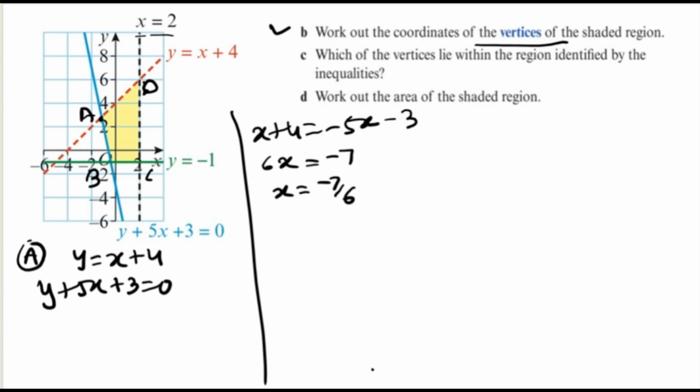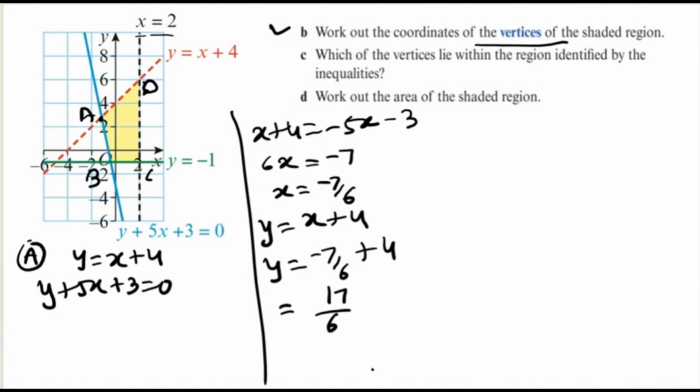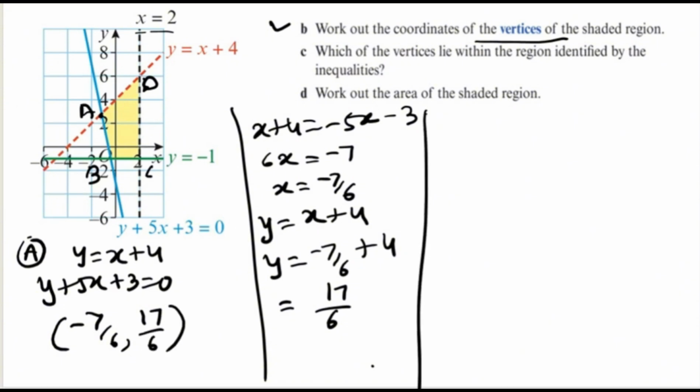This is the x coordinate. Now to find the y coordinate, use this equation, x plus 4. So y equal to minus 7 over 6 plus 4. That will give you 17 over 6. So the coordinate of A is minus 7 over 6 and 17 over 6.